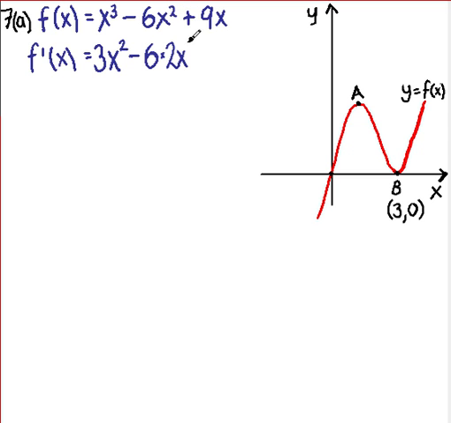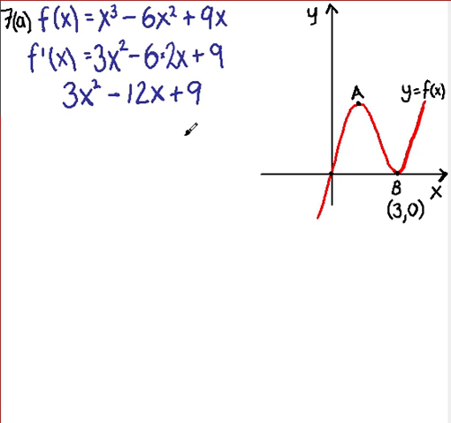Subtract 1 from the index leaves us with 1 up here. And then lastly, if we differentiate 9x, it leaves us with 9. So that simplifies to 3x squared minus 6 times 2 is minus 12x plus 9.